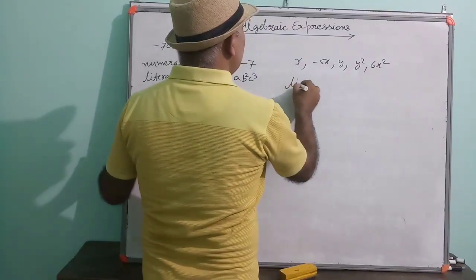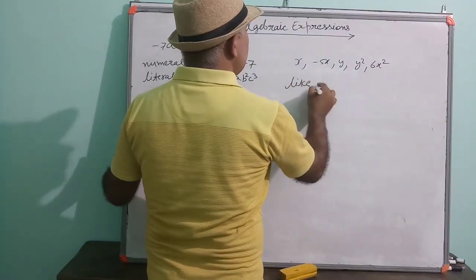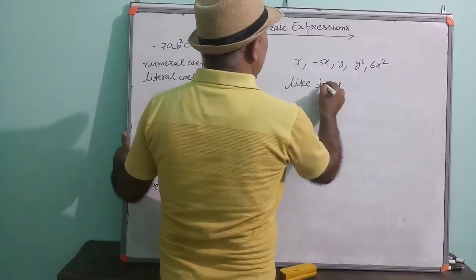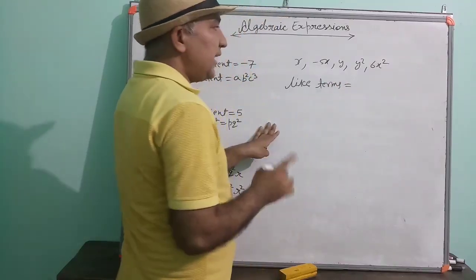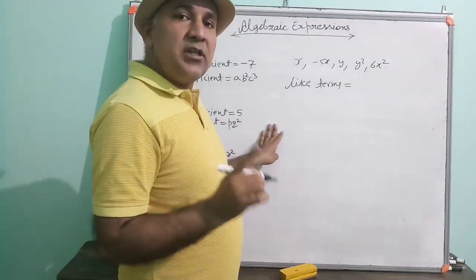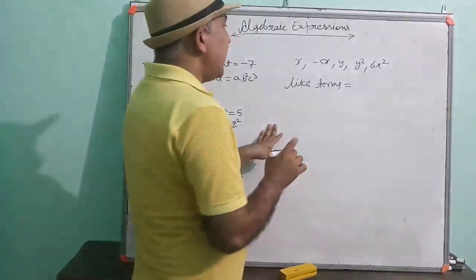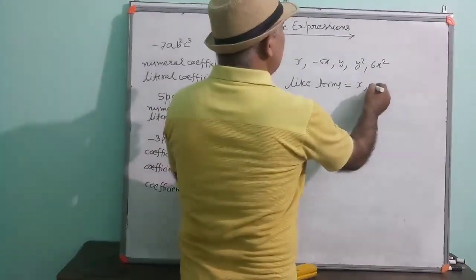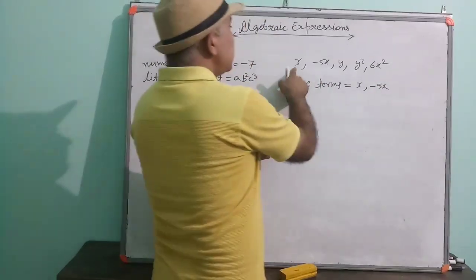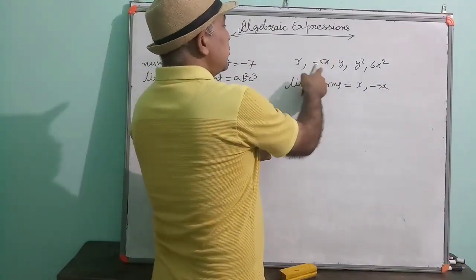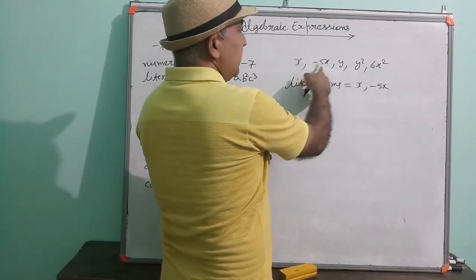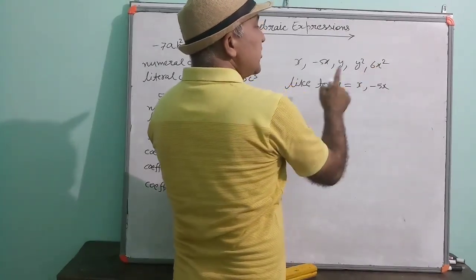Now, suppose you have been given two or more than two terms and you have to write the like terms. Like terms means variables having the same powers. So you can see that x is power 1, x to the power 1. So these two are the like terms. Because there is x square, so it is different.